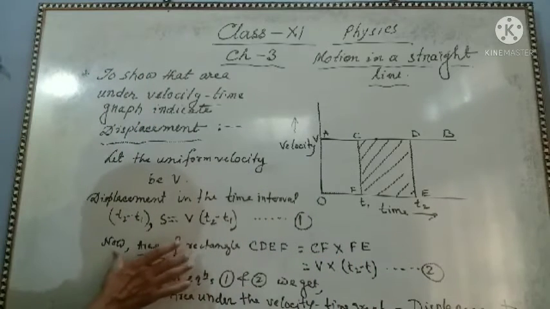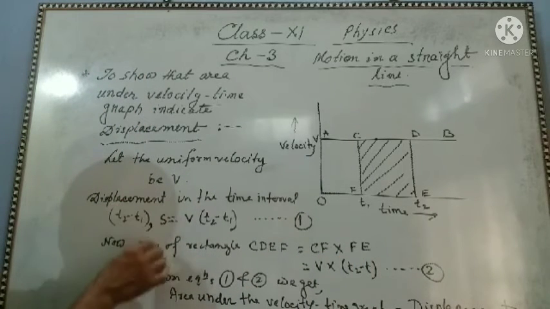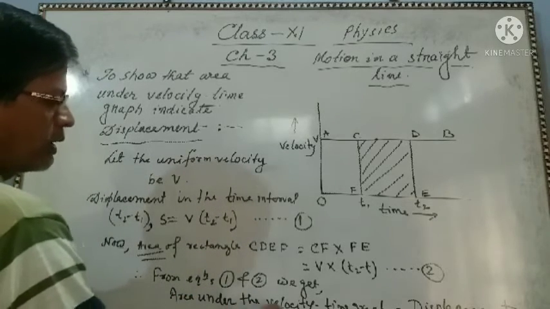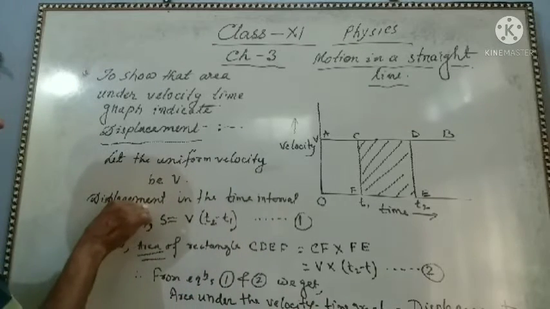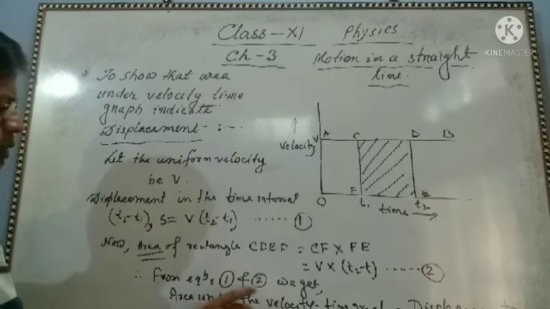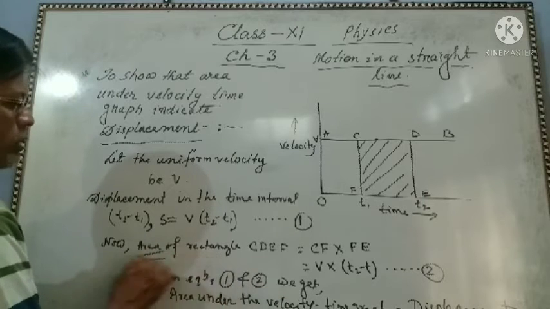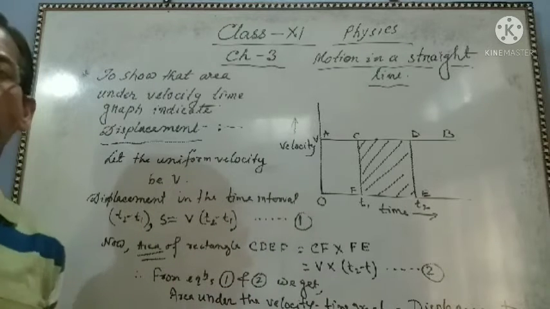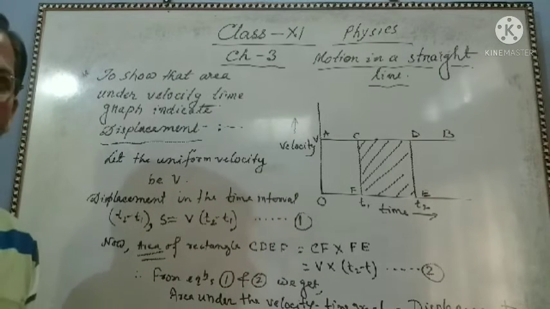So this will be equal to this. So the area under the velocity time graph is equal to displacement.